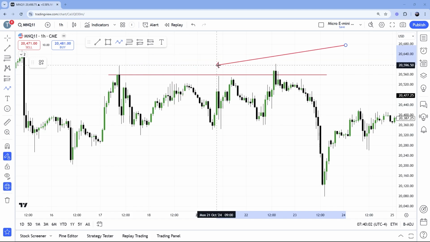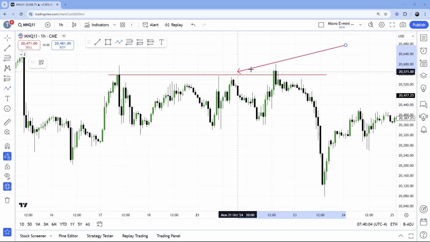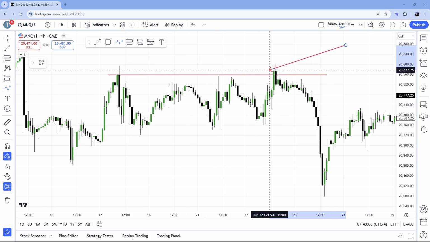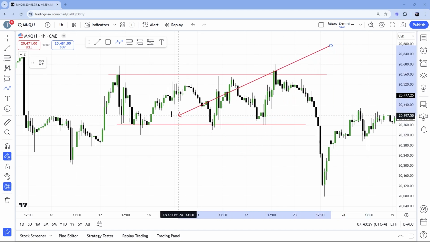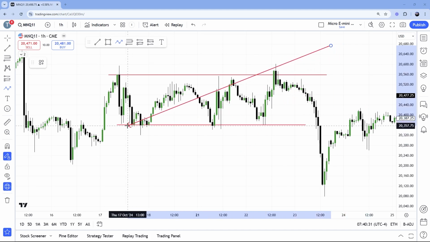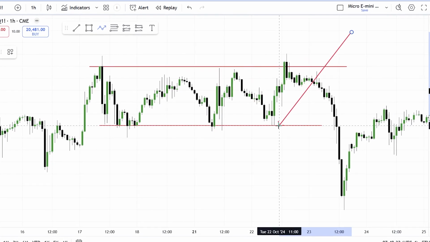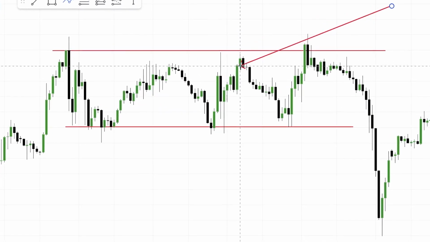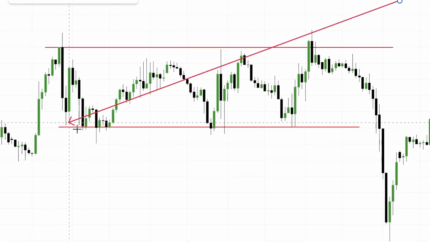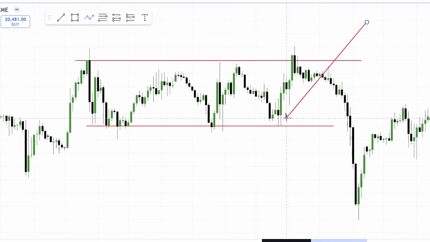Okay, so this is a 1 hour chart where you can see this price point is acting as a resistance. And let's see another one. And over here, you can see this line is acting as support. So some sell entries can be made in these places and some buy entries can be made in these places.